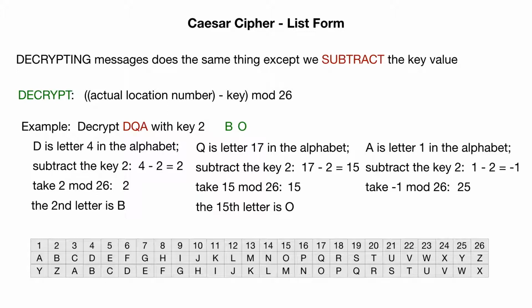And so maybe if you think of it more the way a clock works and how we tell time, if we want to know what happened a few hours ago, maybe that will help see why if I'm taking negative 1 mod 26, I'm going to the left 1 there. And it's saying use number 25, the 25th letter in the alphabet. And the 25th letter in the alphabet is Y. And that's how I get that.